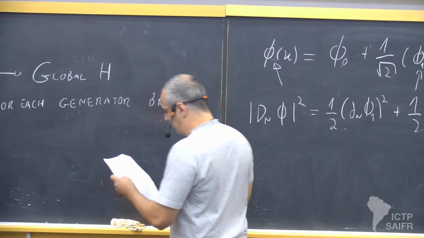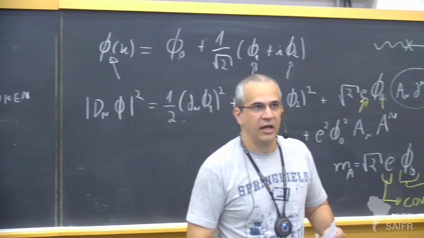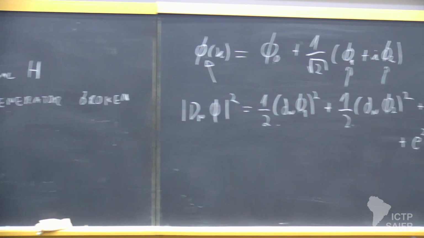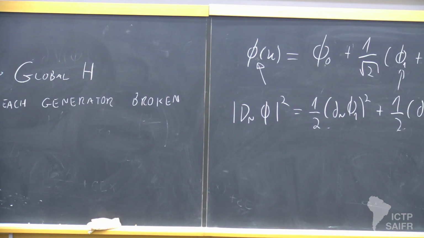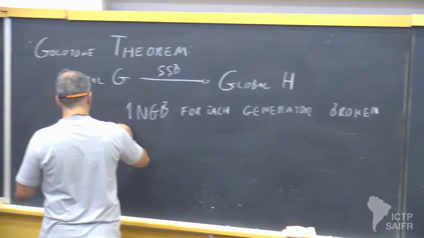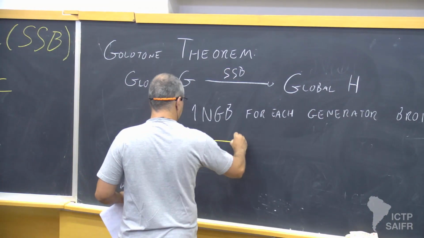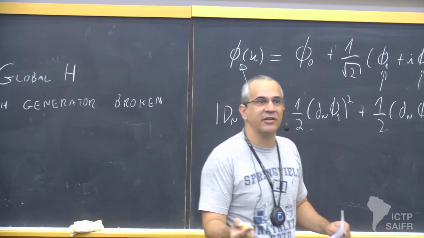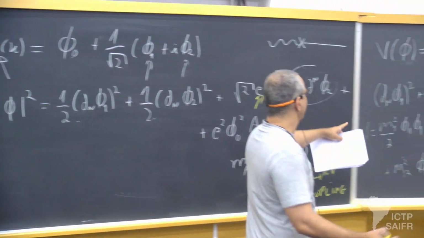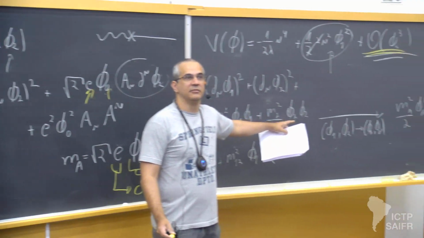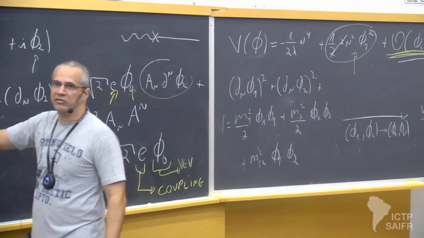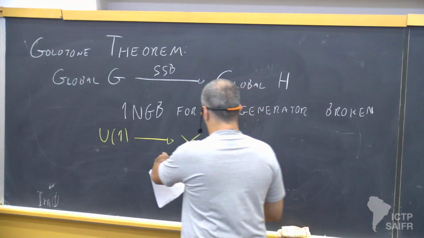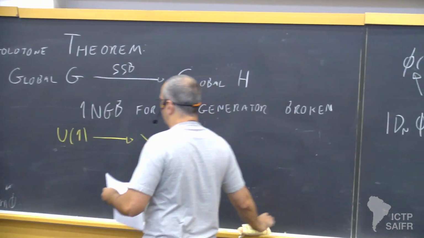So the example we looked at, right, is very trivial because what we did here, right, was to break U1 to nothing, right? We just broke U1 in that example to no symmetry, right, no group. U1 has just one generator, and we got just one massless particle. The other degree of freedom that was around is massive, as it should. Right? But you can see more complicated examples. I'll give you an exercise soon.